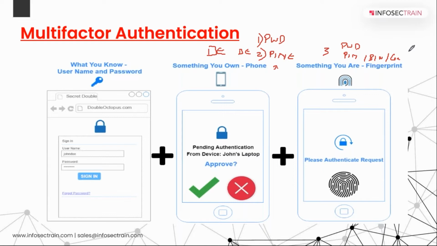First, it will ask for a biometric or geolocation. After that, we'll provide a password, and after that, we'll provide a PIN. So it's highly recommended to go with two-factor or multi-factor authentication. Set all the applications holding your critical data with multi-factor authentication.